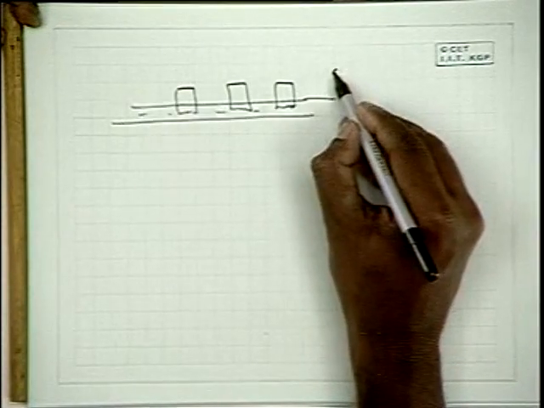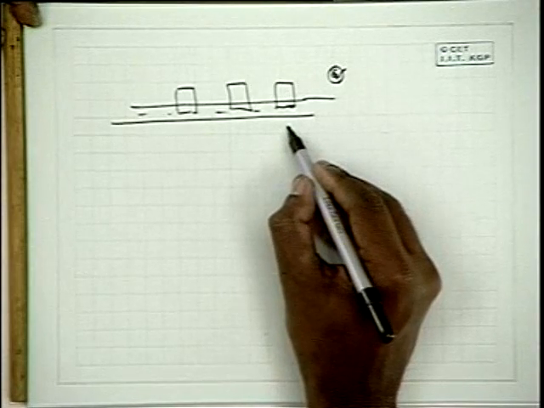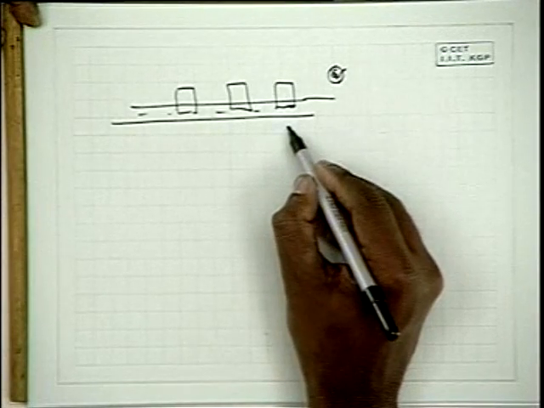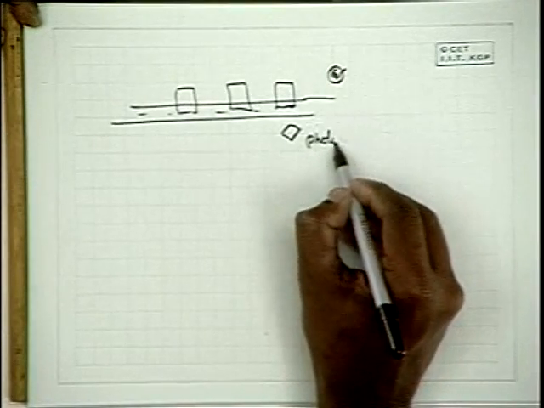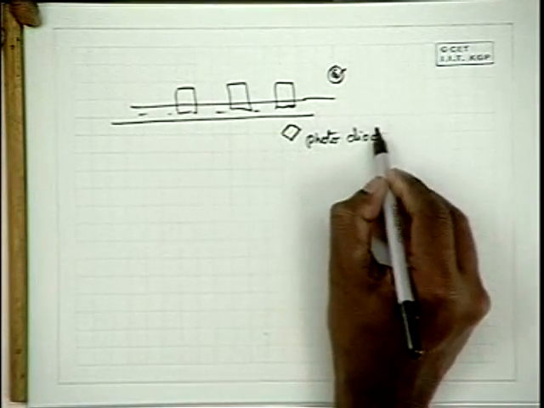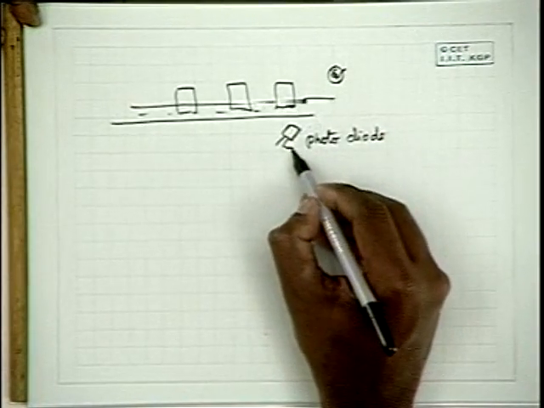You have a light source here, and on this side a photodiode, and have it in a circuit.